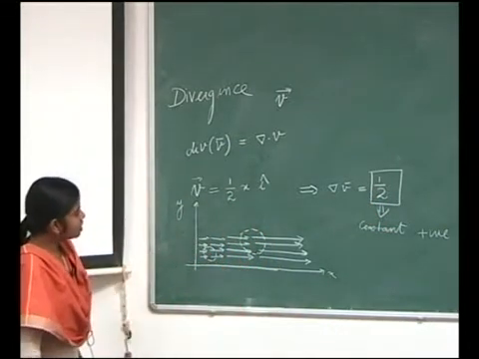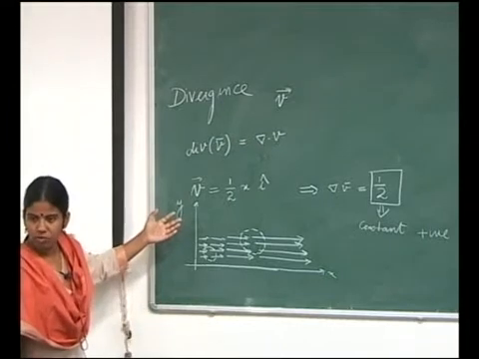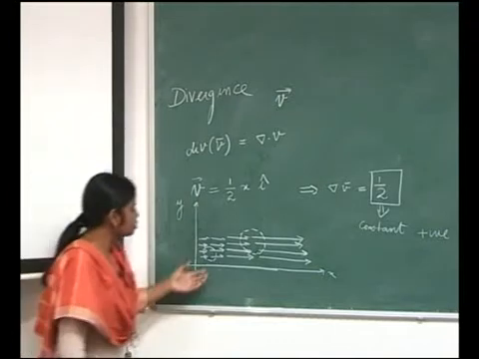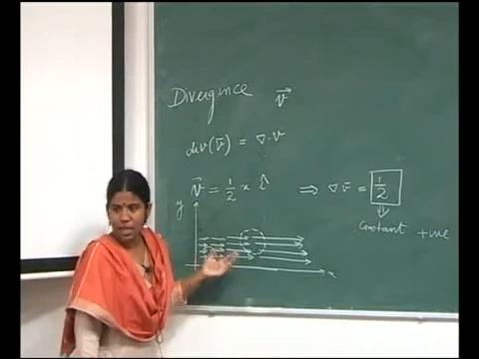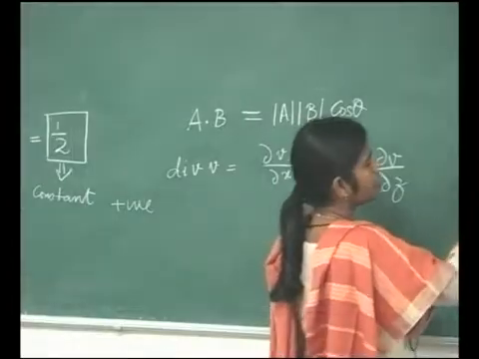So let us take this example a little forward. This was a very simple example. We would not always encounter such simple examples, but this was to give you an idea of what exactly divergence is. Generally from a point source, what we see is positive divergence.